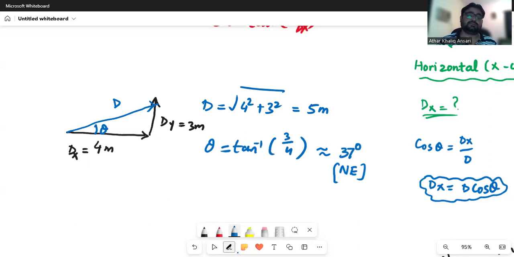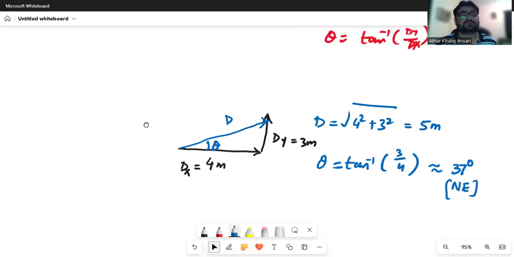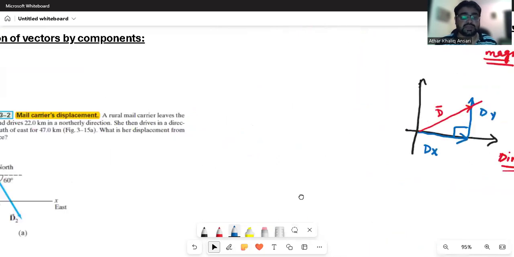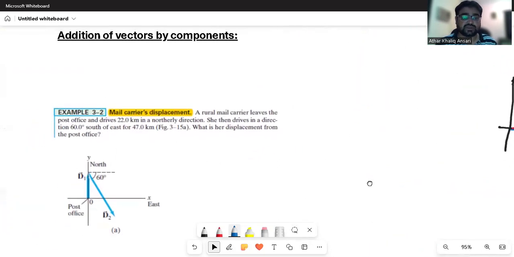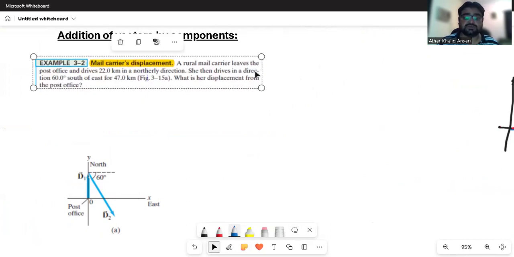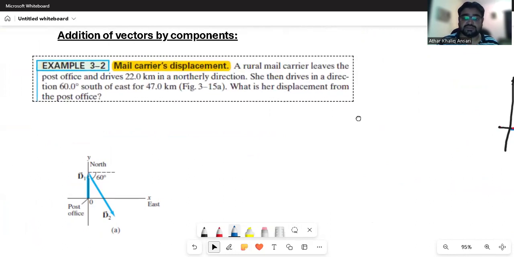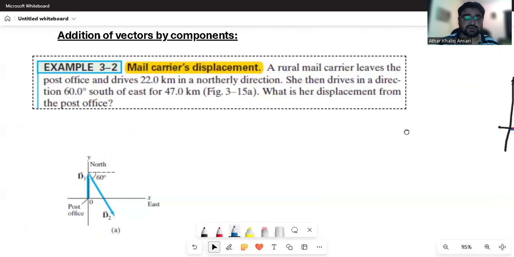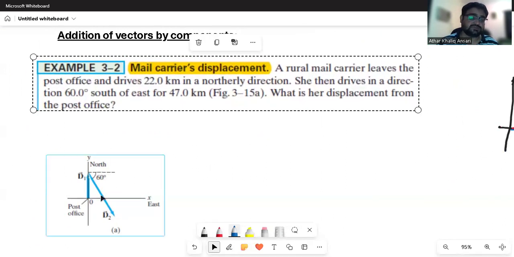Okay, now the third part of the same lesson is if you are asked to add two vectors using components, we need to follow some steps. To understand this, let me start with the example given in a Giancoli book, related to a mail carrier displacement.